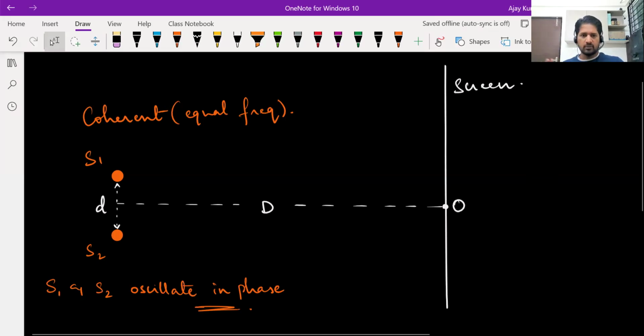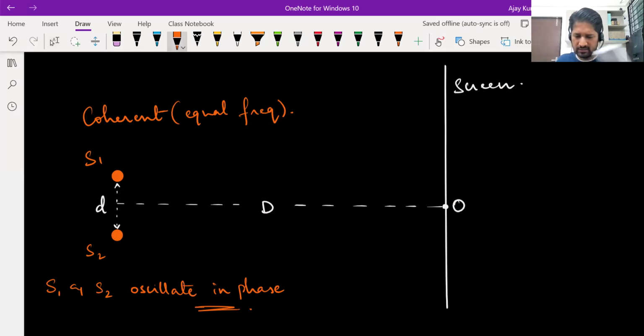The distance from S1 to O and the distance from S2 to O are the same. Then the wave arriving at O from S1, which travels this way, let's say it travels a certain distance x1, and the wave arriving at O from S2 also travels the same distance.